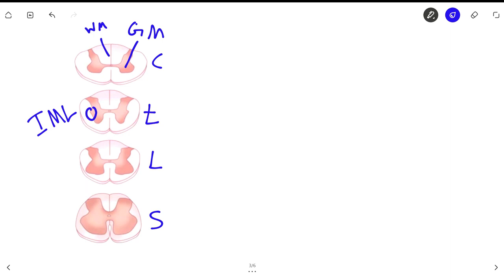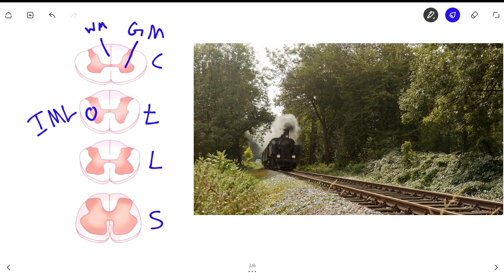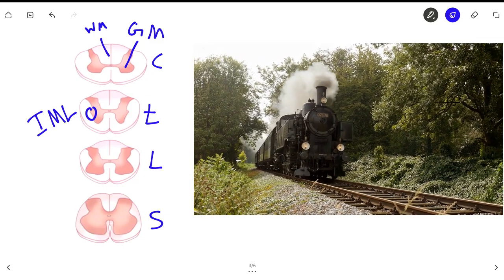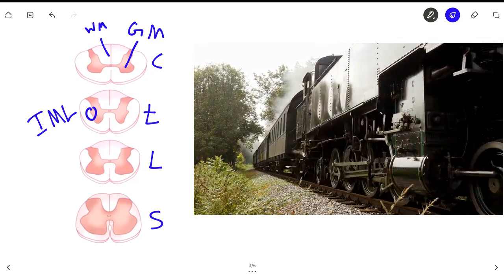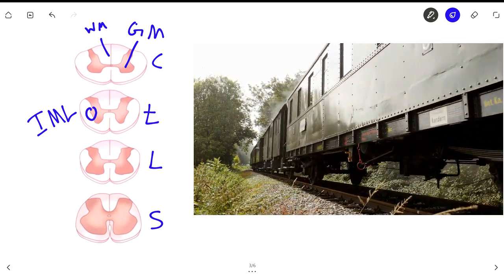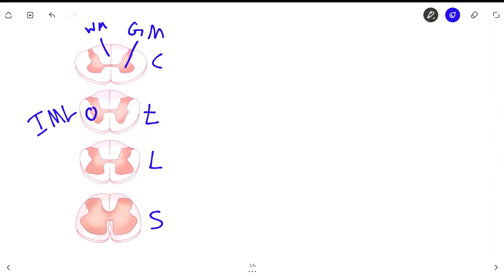And that's for motor information that's being sent out. For sensory information that's coming in, it increases as it goes up. Because when the train is empty, it starts all over again, starts in its first station, picks up some people, goes to the next station, picks up some people, goes to the next station, picks up some people, and goes to the final station, picks up some people, and then it repeats the process all over again.